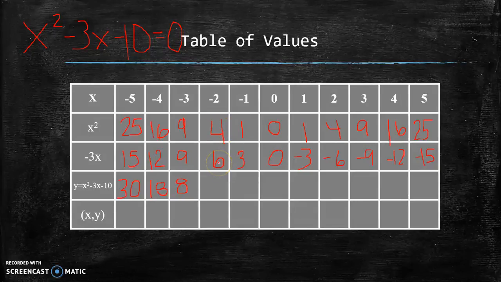4 plus 6 is 10. 10 minus 10 is 0. 1 plus 3 is 4. 4 minus 10 is negative 6. 0 plus 0 equals 0. 0 minus 10 equals negative 10. 1 minus 3 is equal to negative 2. Negative 2 minus 10 is equal to negative 12.